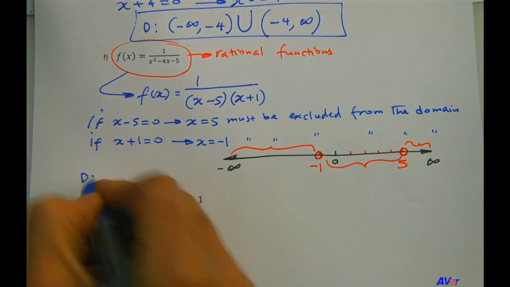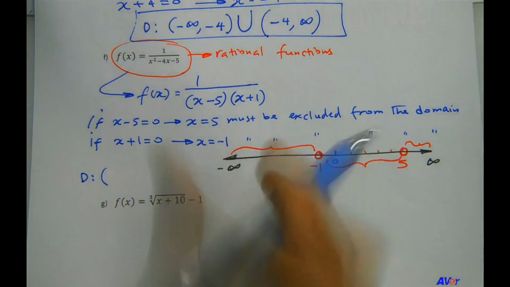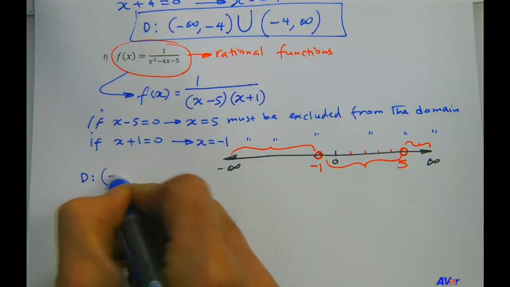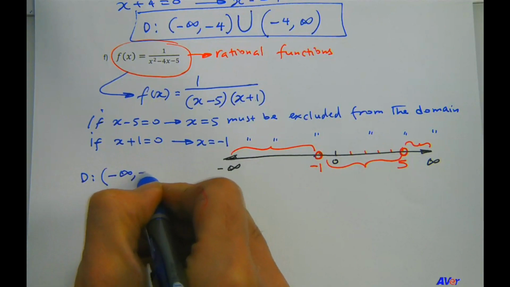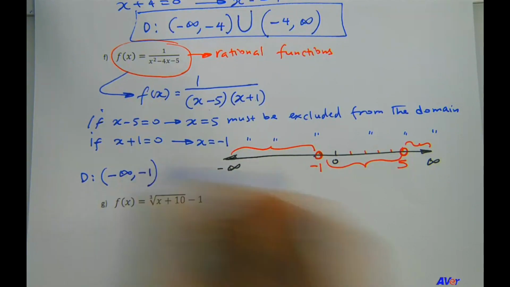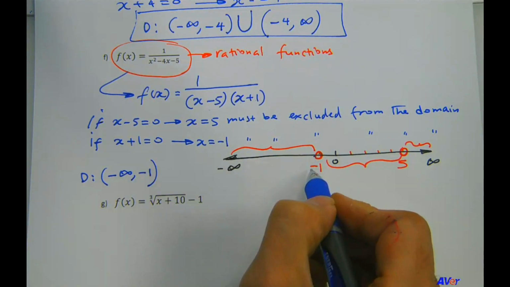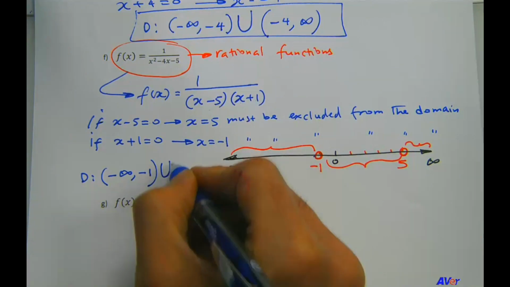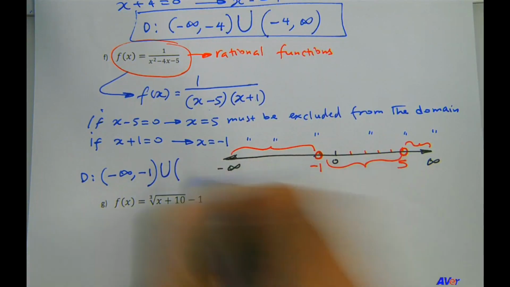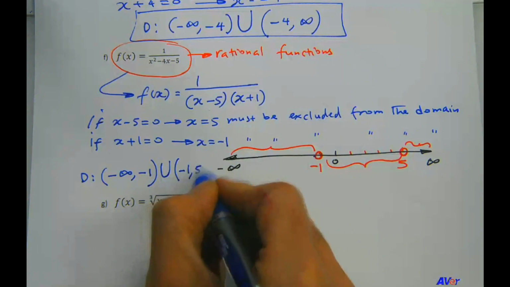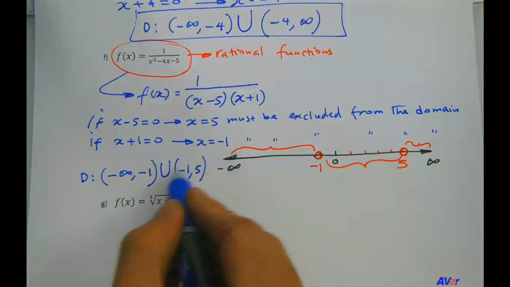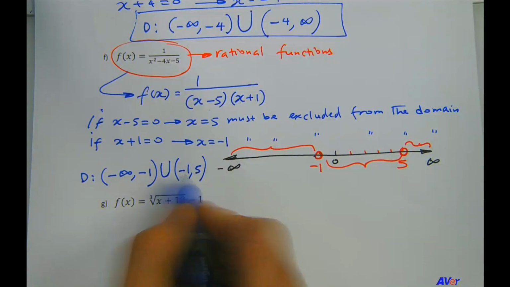The domain is, for this piece, from here to here, we get negative infinity, comma, negative 1, parenthesis, because negative 1 is not included. Union, negative 1 to 5, parentheses again, to ensure that 5 and negative 1 are not part of the domain.